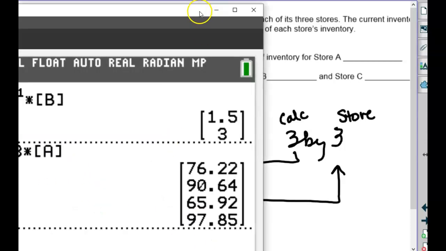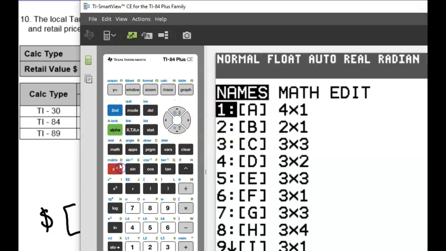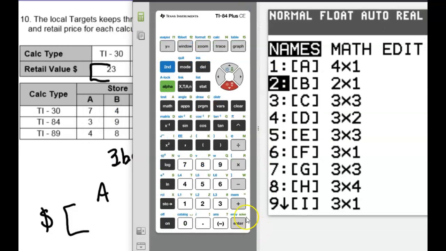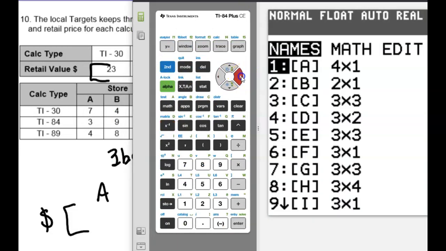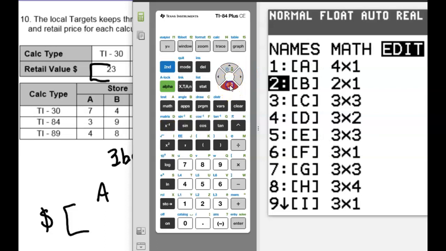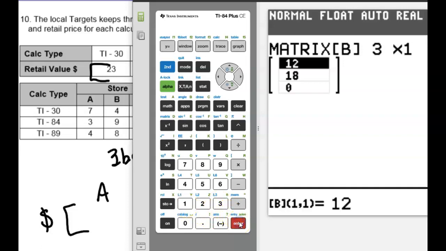I'm not, because I should type these in before class, but I didn't. Goodness, edit, B, 3 by 1. Okay, what's the 3 by 1, somebody?